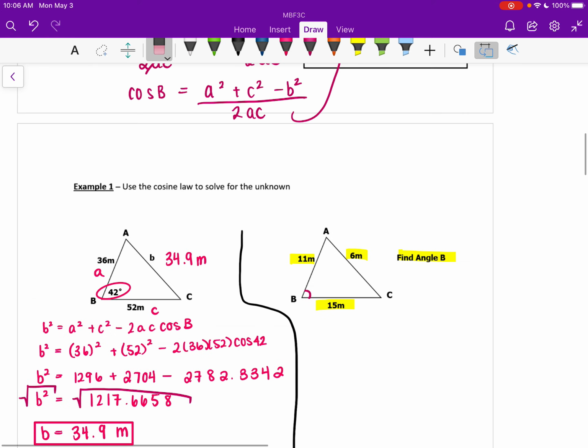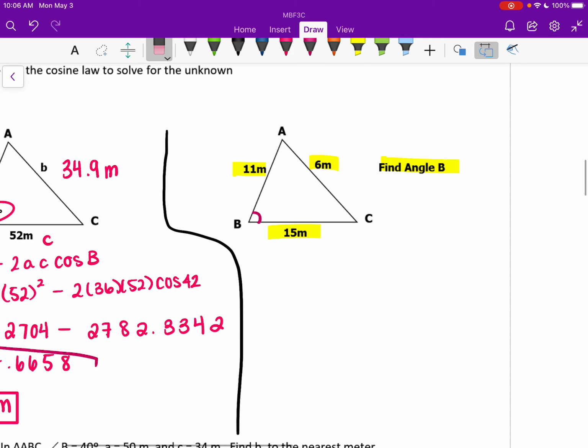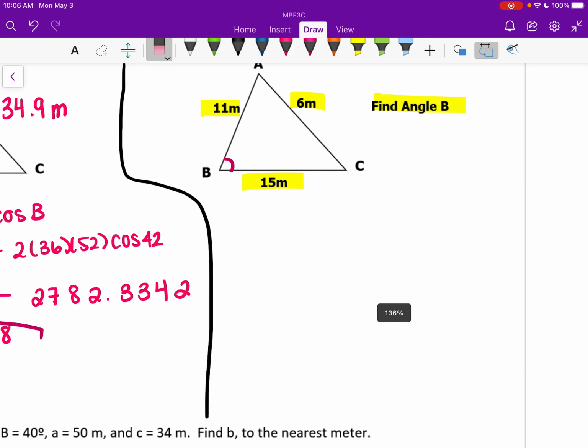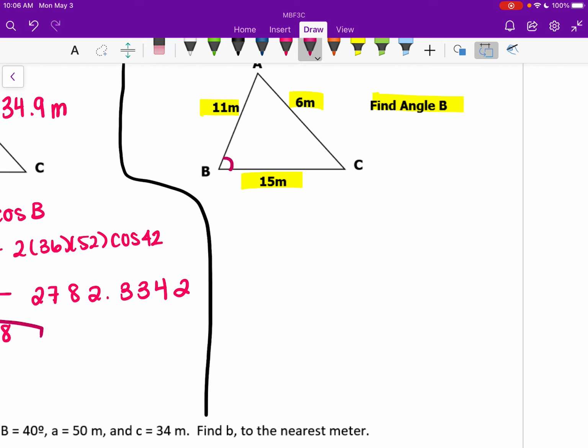So I'm going to let you solve this. So hopefully you've paused the video and you're just coming back now. Let's take this up. So we know that we have all three sides here and we're looking for an angle that's in there.